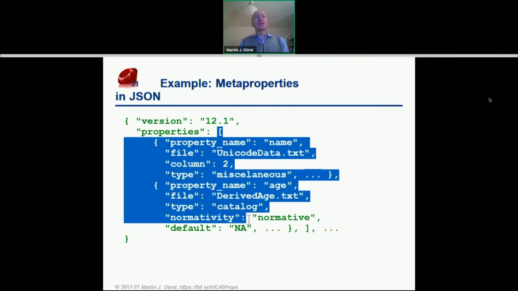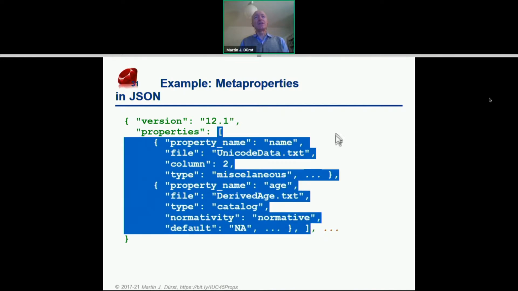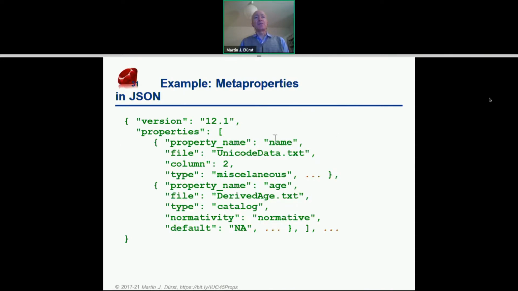There's an array of properties down here, and the first property has a property name of name. The data is in the file Unicode data.txt, the column is column number 2, and so on, and then the next property. And that would also work.